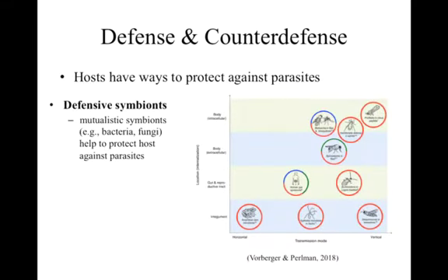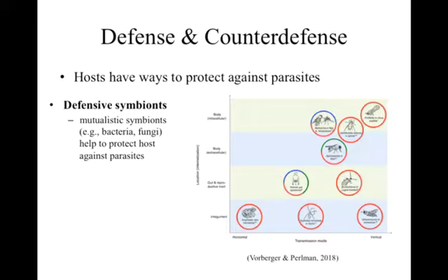Another way that hosts can defend themselves is through the use of defensive symbionts. This is where we have mutualistic symbionts, things like other bacteria and fungi, that help to protect the host against parasites. And they do that in a number of ways. They can do that by competing with the parasite, so they take up space or resources that the parasite needs, and they outcompete the parasite, and so the parasite can't live on the host.